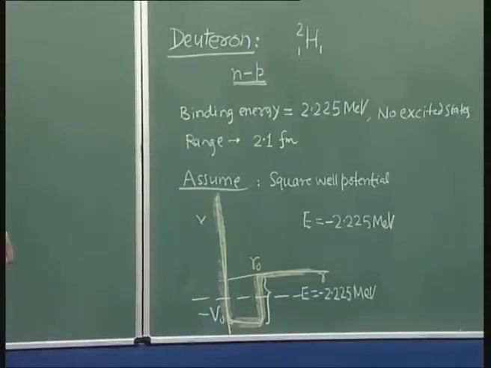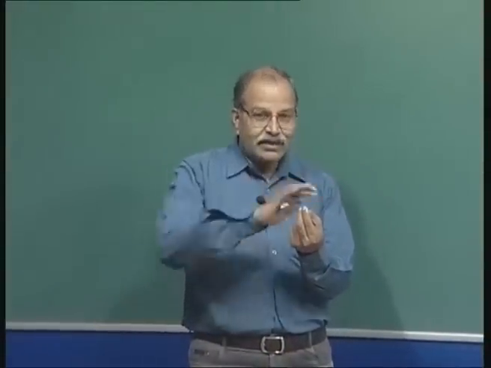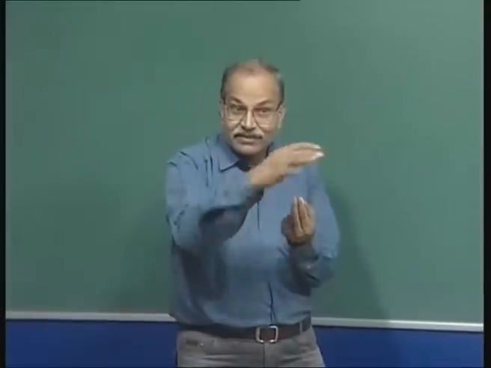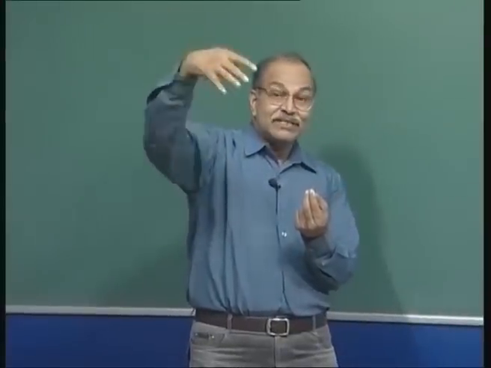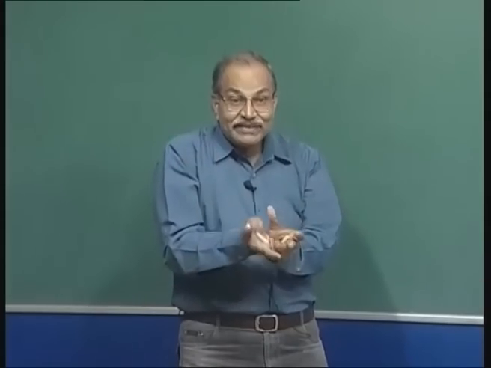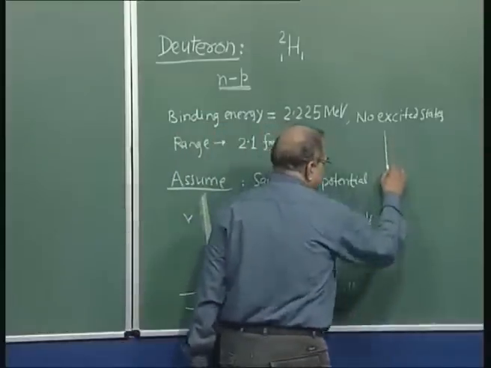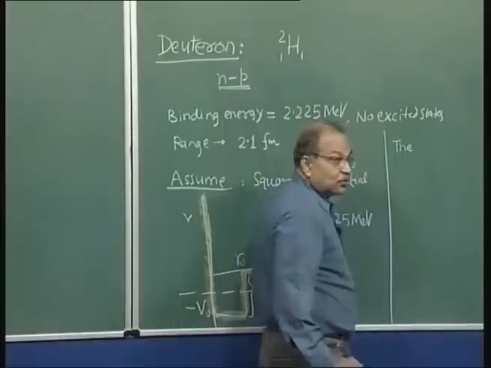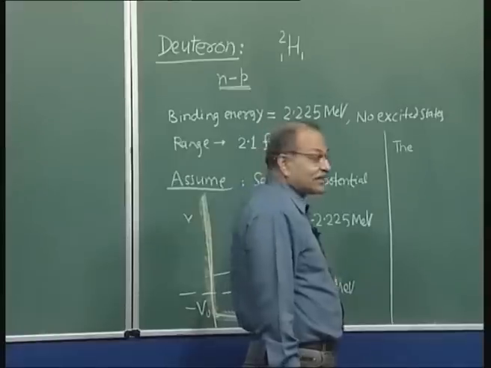As r increases from 0, you have this attractive potential in all directions, and when r is greater than r naught, the potential energy is 0. So, it is a kind of spherical volume of radius r naught. It is a central potential. I am not saying that the nuclear potential is a central potential, but the assumed potential is a central potential.